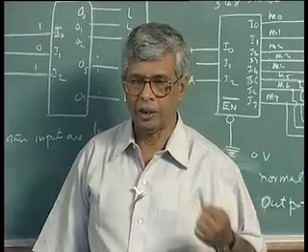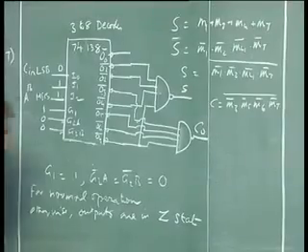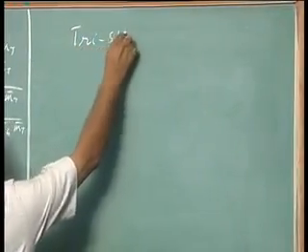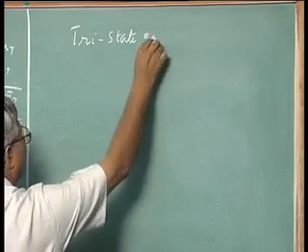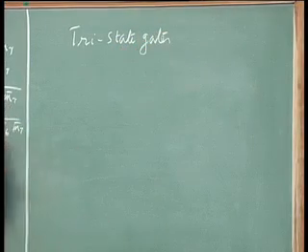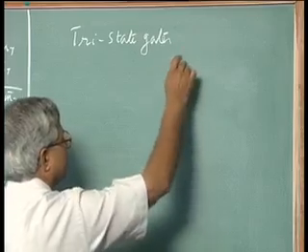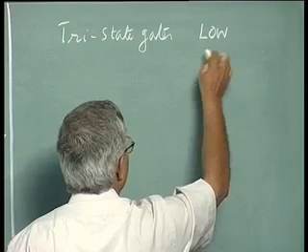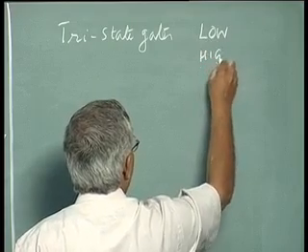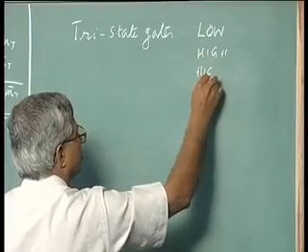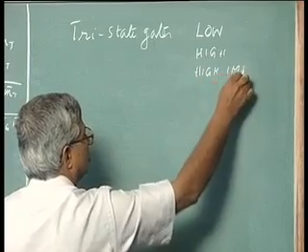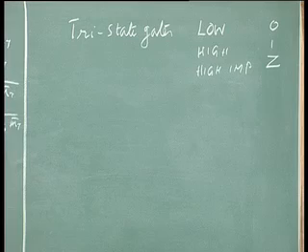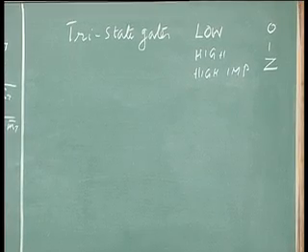These are called tri-state gates, meaning there are 3 states: low, high and high impedance. So this is 0, this is 1, this is Z. This third state is why it is called a tri-state.